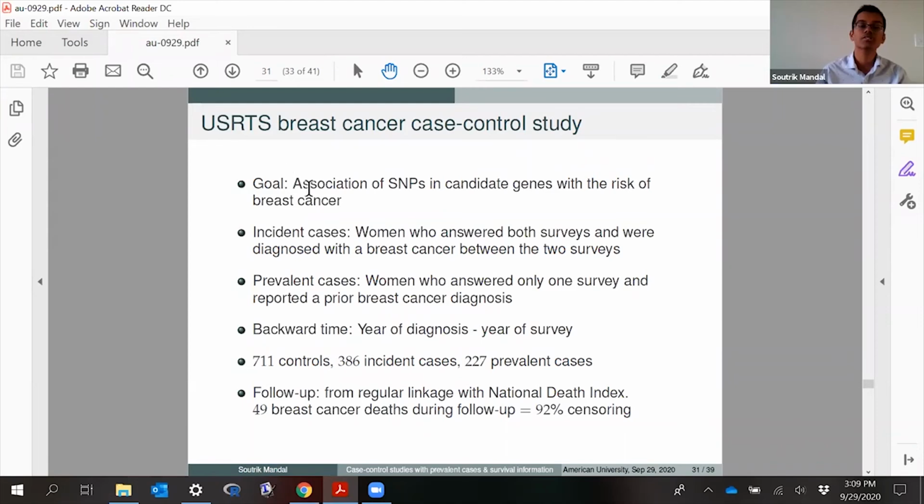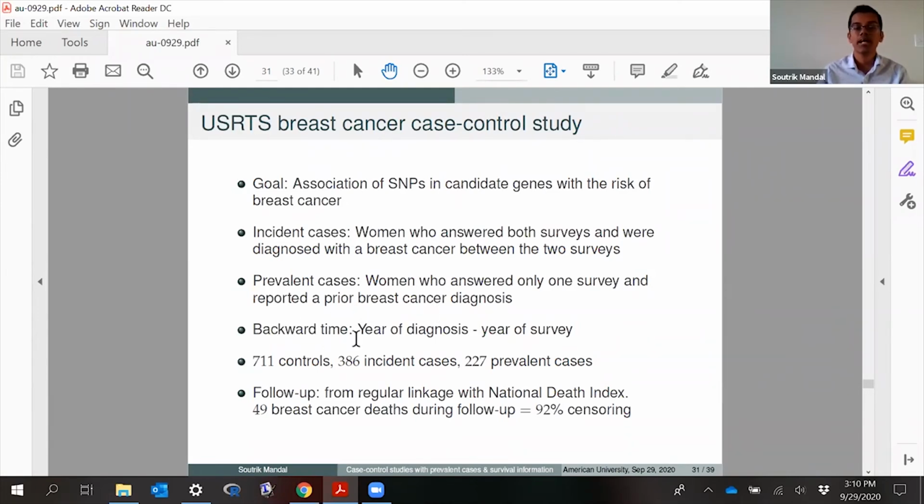So the goal was to study the association of SNPs in candidate genes with the risk of breast cancer. We define incident cases as women who answered both surveys and were diagnosed with breast cancer between the two surveys. We define prevalent cases as women who answered only one survey and reported a prior breast cancer diagnosis.